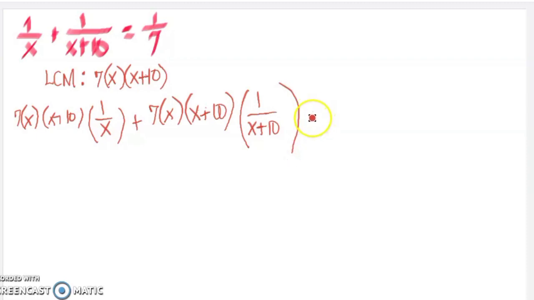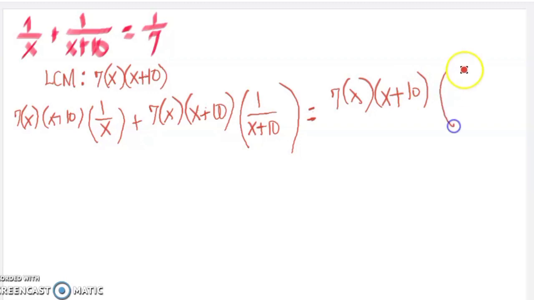And lastly, medyo matrabaho lang, pero madali lang siya kasi ulit-ulitin mo lang yun, huwag ka lang malilito. x plus 10 times 1 over 7.